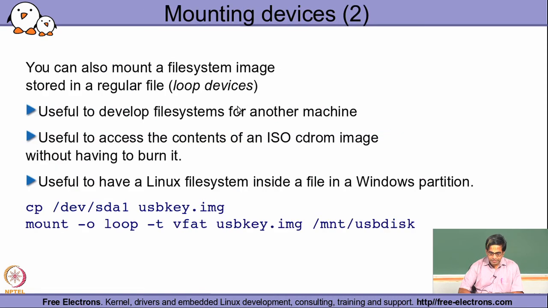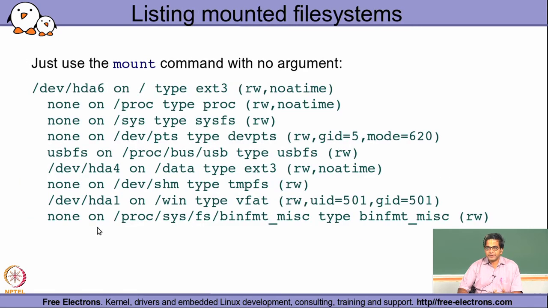Very similar to the -o that we specify here, I could for example say -o RW, and then it will mean that this particular file system has to be mounted as read write and not just as read only.